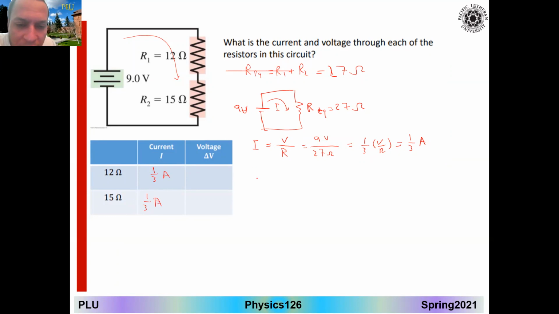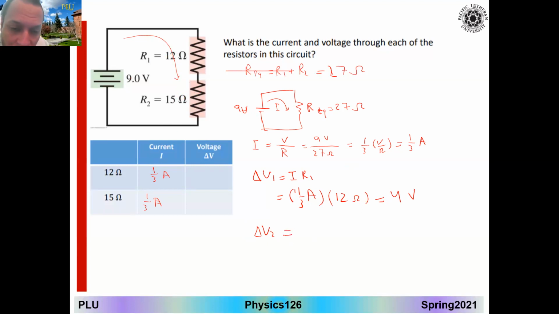Asking for the delta V, I know delta V1 is basically I times R1. I have the current, 1/3 amps, times R1, which is 12 ohms. I end up with 4 volts. Delta V2 is supposed to be equal to 5, but let's calculate it. Because 4 volts comes here, the second 5 volts will be across the 15 ohms.